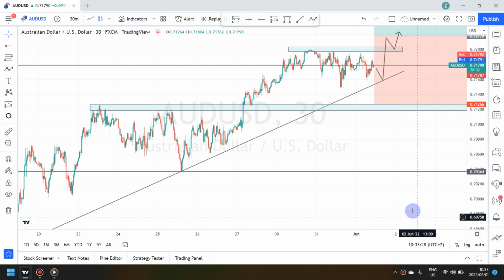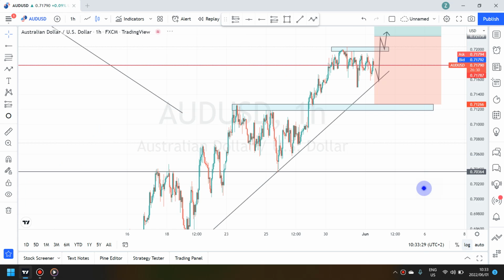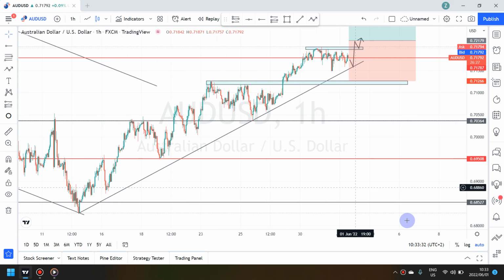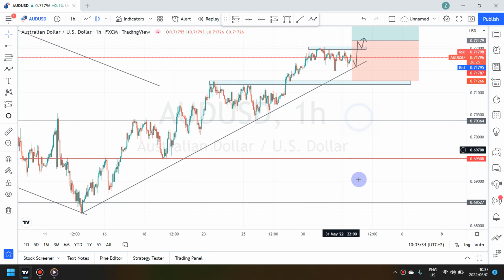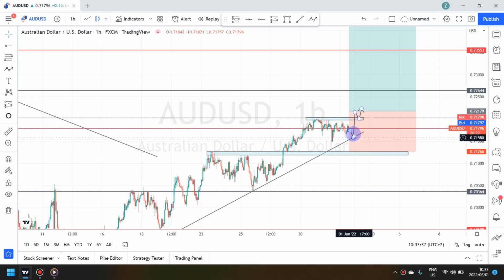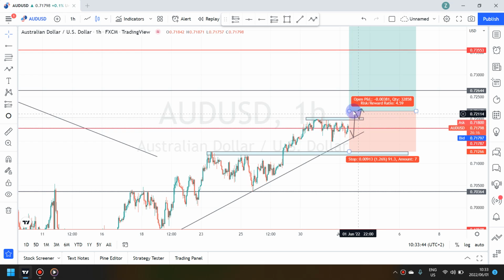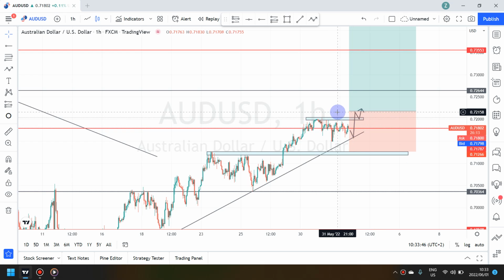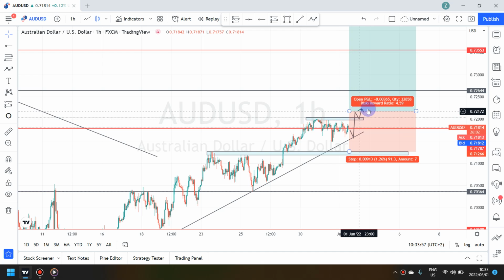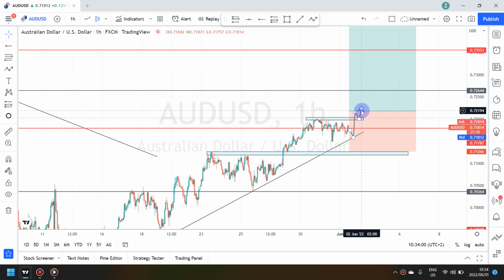So let me recap again. For buys, if the market doesn't give us a third touch, as long as the market is going to break out and retest this small zone, that's where you can then place your stop order here where the market reverses, so that if it pushes to the upside again, it would activate your stop order.